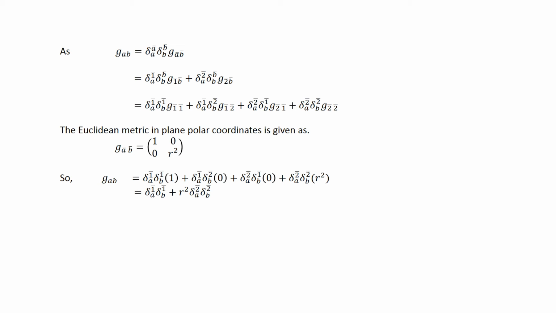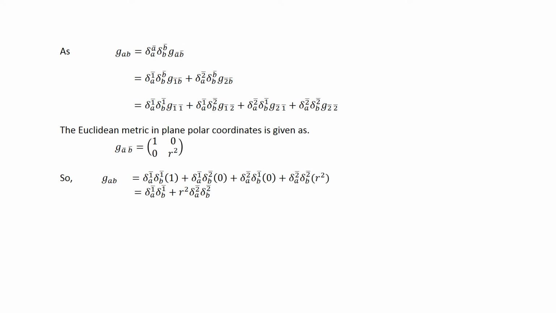So we put these G_AB values, G11, 12, 21 and 22, in the previous equation, which is the third step of this slide.